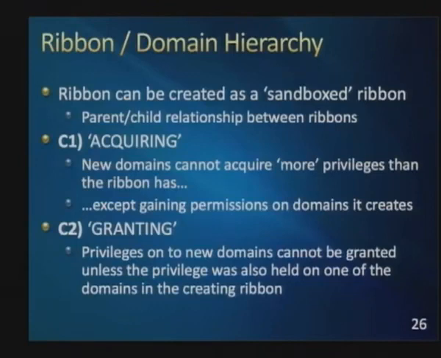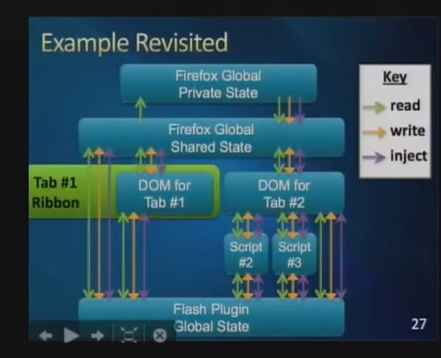It says when a new protection domain is created, I can't grant to another protection domain that already exists privileges that it doesn't already have on the ribbon that's creating this new protection domain. And I've got some figures here to help us get these two conditions cemented.